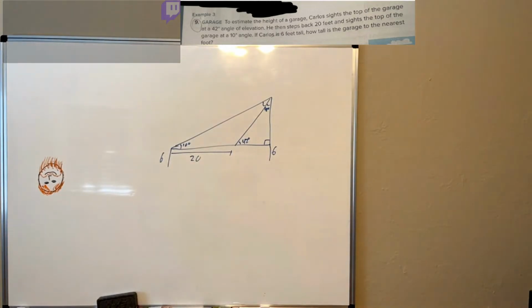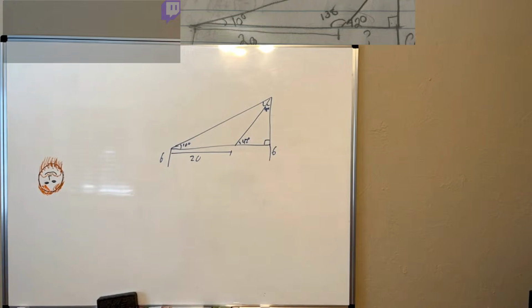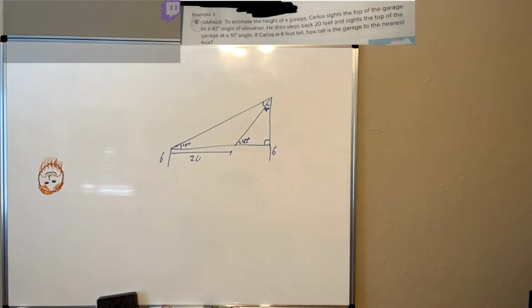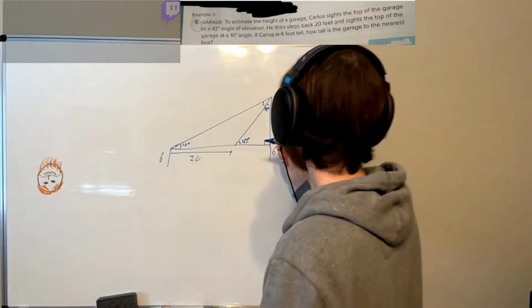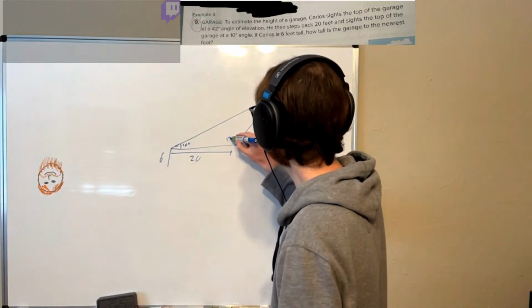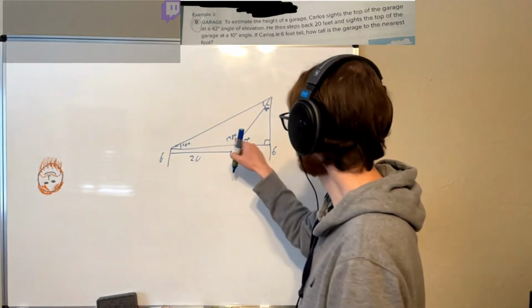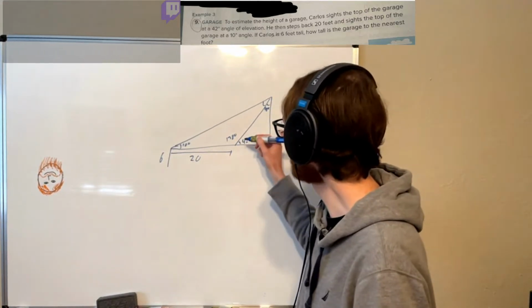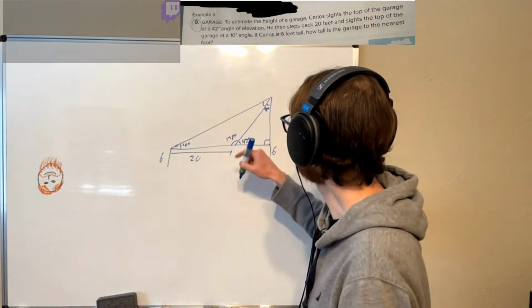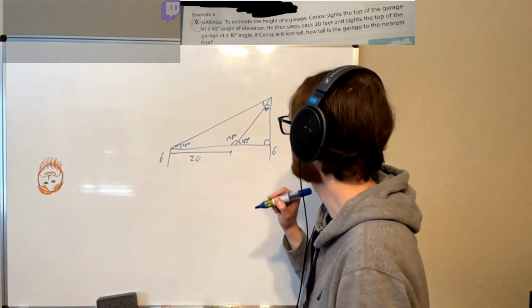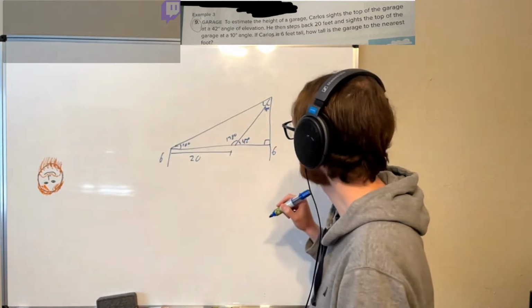I'm just kind of trusting them on that calculation there. 138 and 32. Okay. Because that's 180 minus 42. So yeah, that's okay. And that's 180 minus 138 minus 10, which is 32.